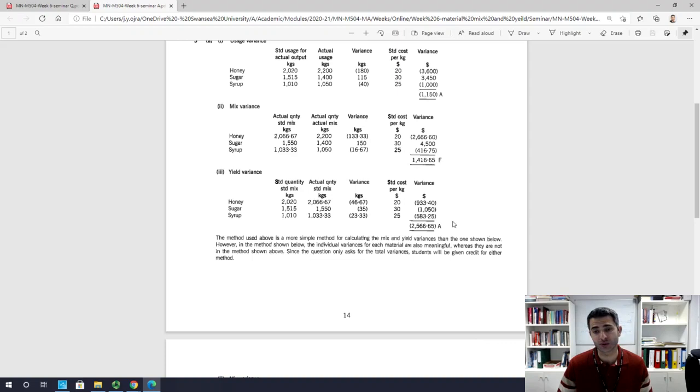We expected to produce more output than we manufactured, and that's why less output means an unfavorable or adverse variance. So if you add the yield and the mix together, this equals 1,150 adverse, which is the usage variance. Okay, guys, this is about the mix and yield and the usage variance.